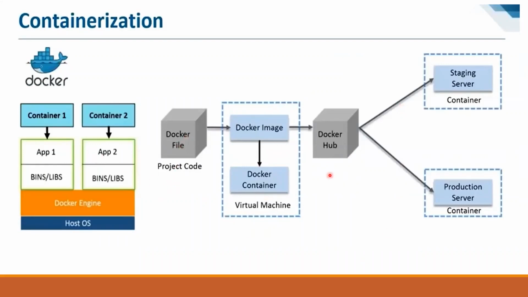A container will be deployed as a Docker image. In the virtual machine, Docker will be installed, then there will be the image of the Docker. There is a registry called Docker Hub. From Docker Hub, we can deploy our code into the staging and production servers.